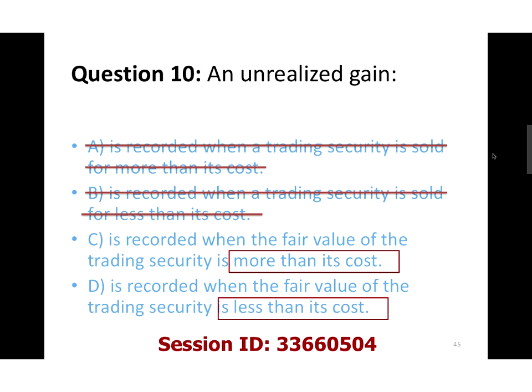So we're looking for what causes a gain. We've made a gain if the fair market value is greater than what we paid for it, right? What we paid for it is its cost. We're going to be closing this question fairly soon, but we want the fair market value to be greater than what we paid for it.